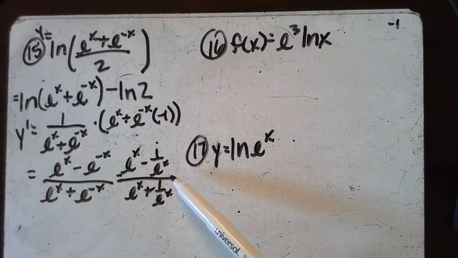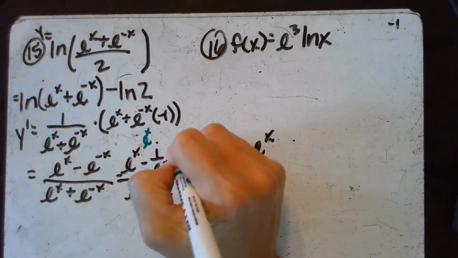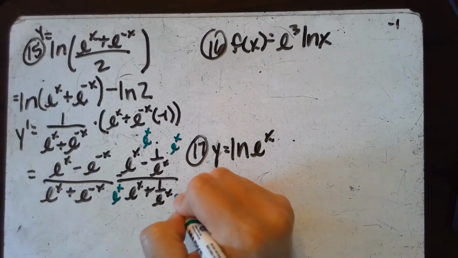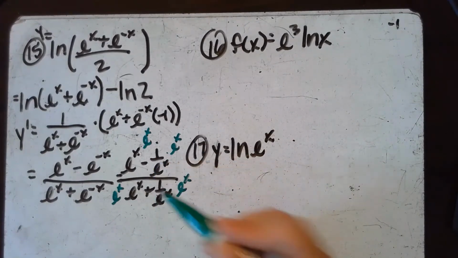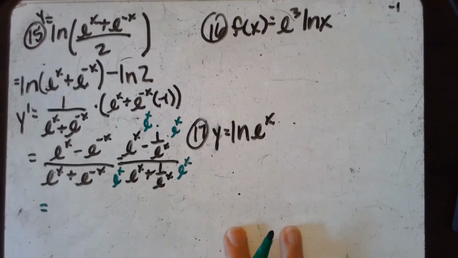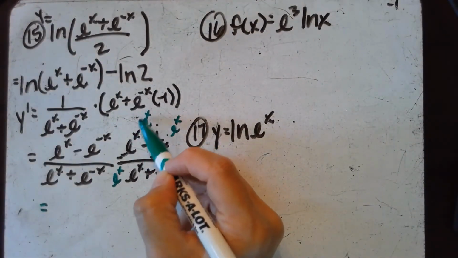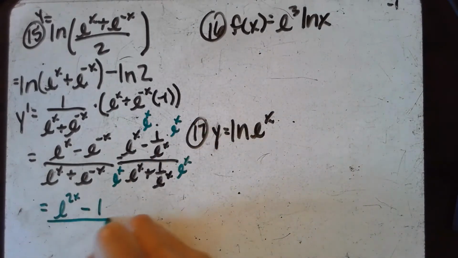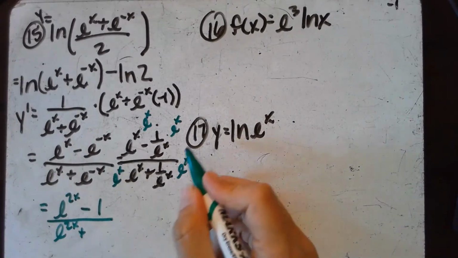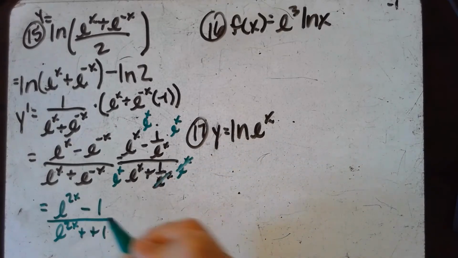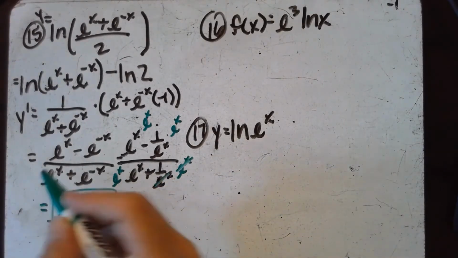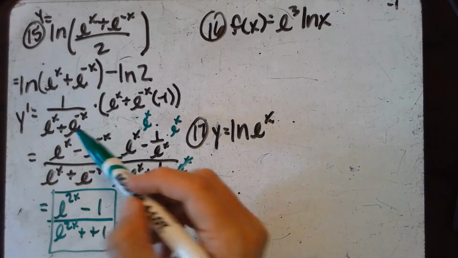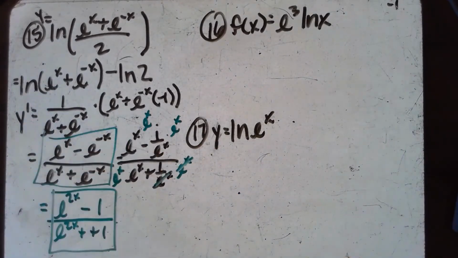You can actually simplify this further, because if I multiply everything through by e to the x, to get rid of the fractions within a fraction, my final answer is going to be, when I multiply this, I add my exponents, so that's e to the 2x, minus this makes 1. And again, adding your exponents, e to the 2x, and then plus, and when I multiply these cancel, so that just makes 1. So this is another way to leave it. If they have it in multiple choice, they're going to leave it like this. Otherwise, I'm okay if you leave your answer like that.